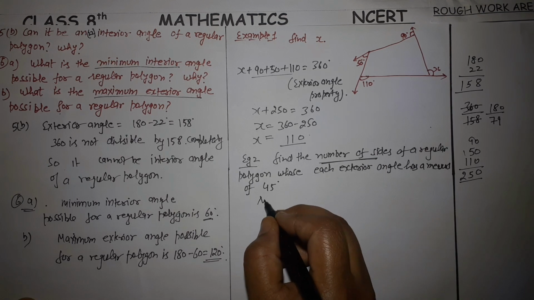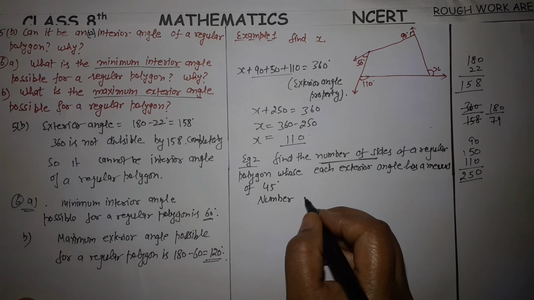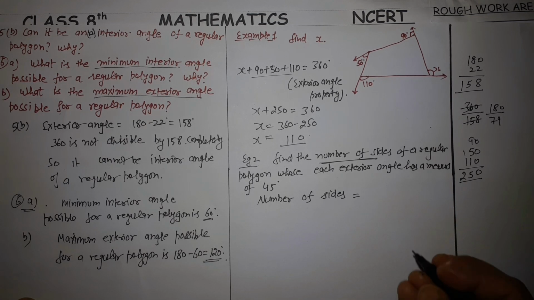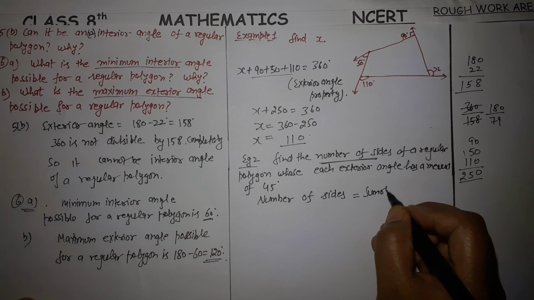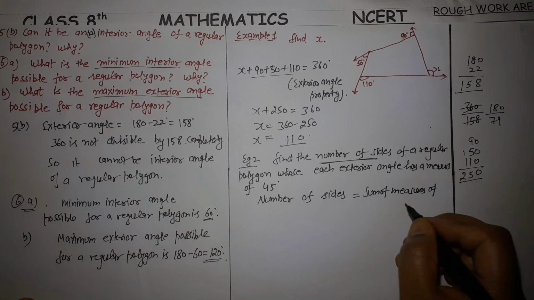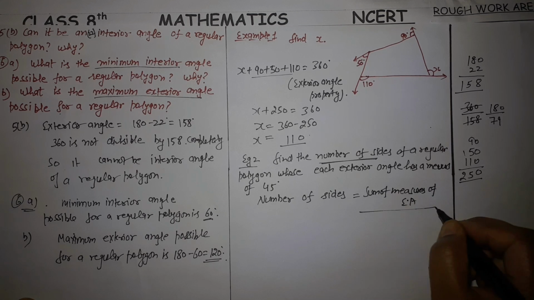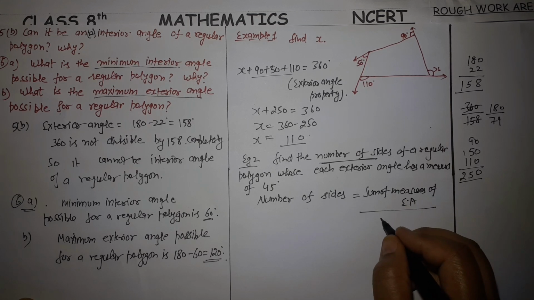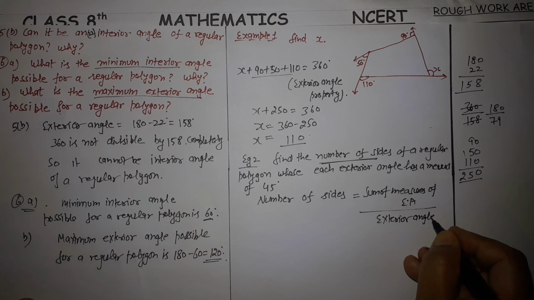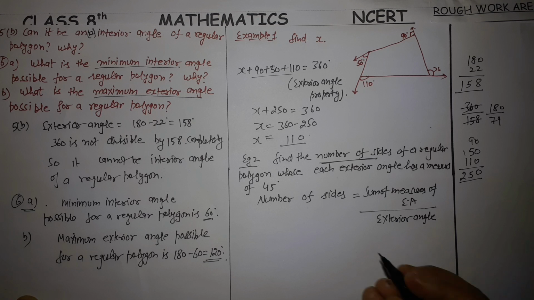Number of sides equals sum of measures of exterior angles by exterior angle.